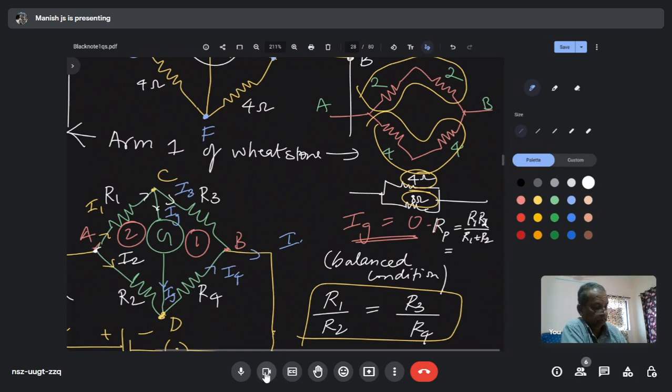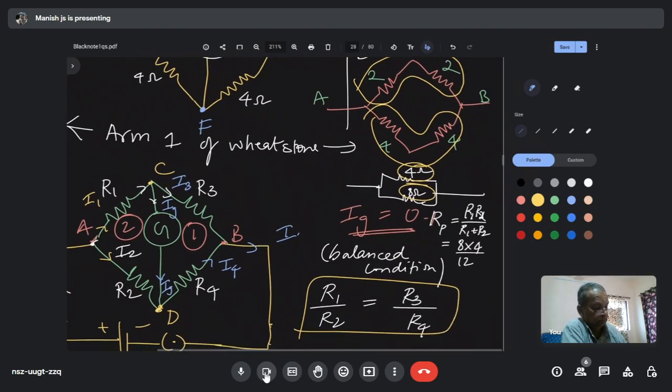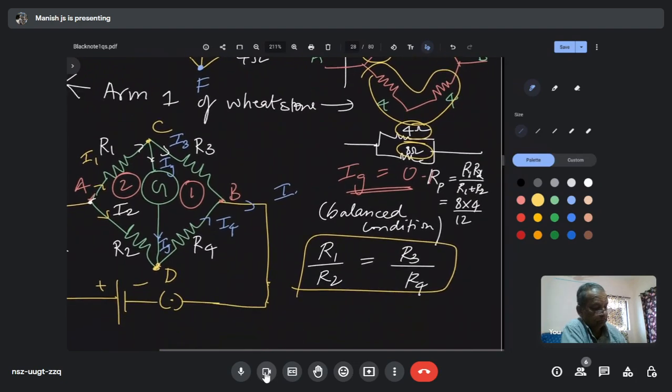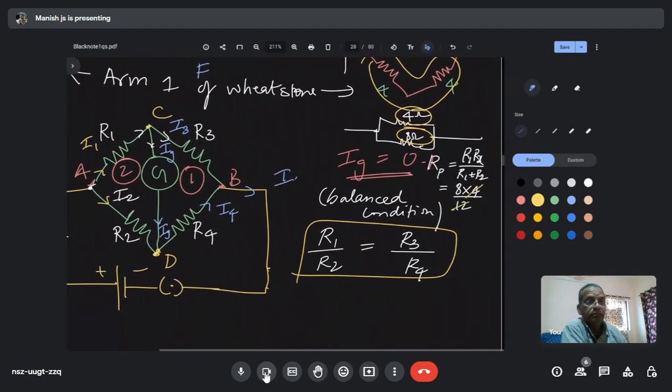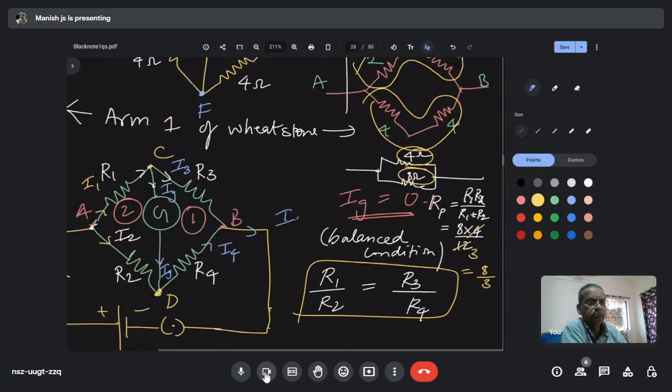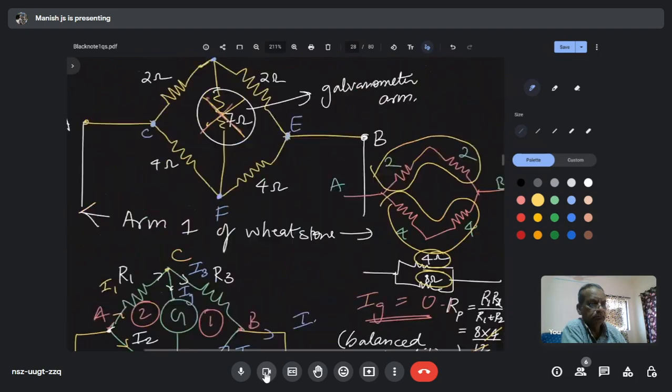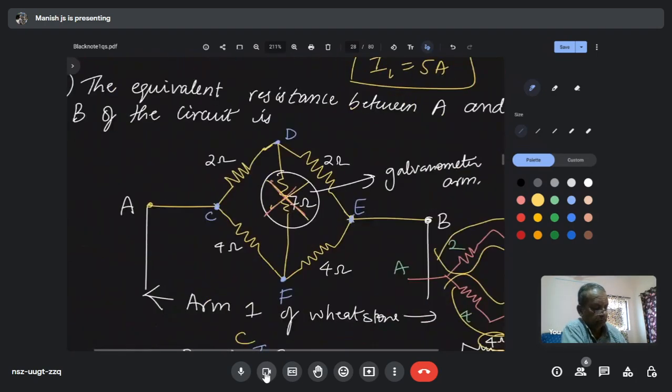So here, 8 times 4 upon 8 plus 4, which is 12. What is the value you're getting? 4 ones are 4, 4 threes are 12. So you get 8 upon 3 ohms. Yeah, 8 upon 3 ohms is what you're getting. Now you can see the values.